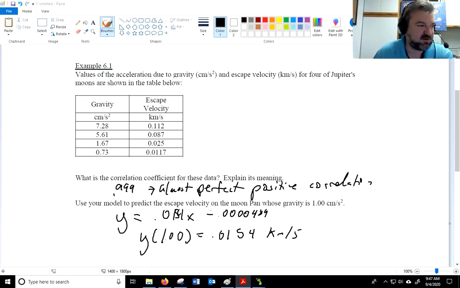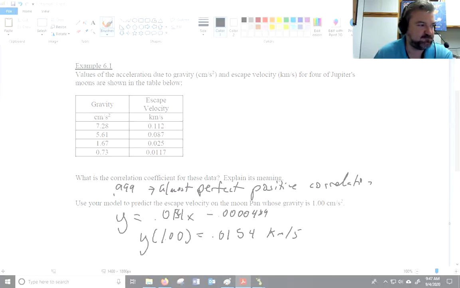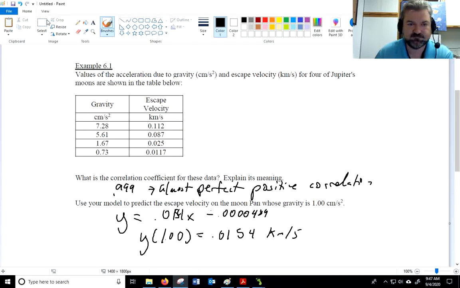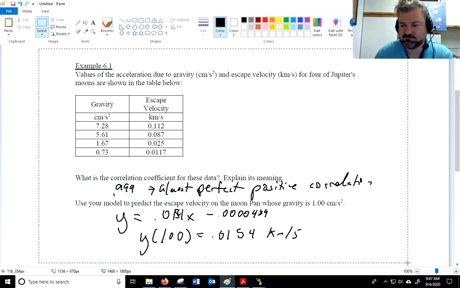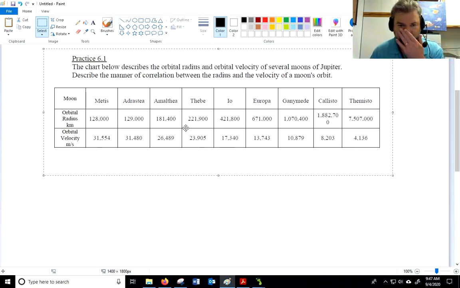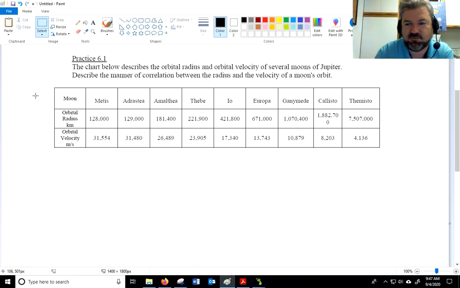All right, let's take a look at another chart. Okay, so I've got a chart below that describes the orbital radius and orbital velocity of several moons of Jupiter. I'd like you to describe the manner of correlation between the radius and the velocity of the moon's orbit.